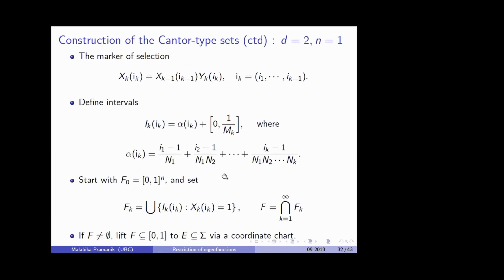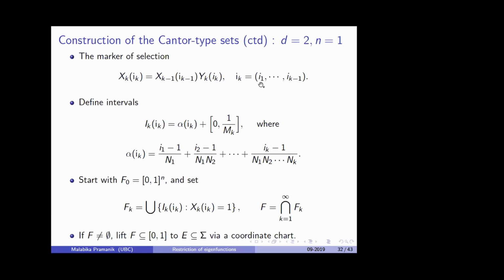Okay. So here is how we represent these random Cantor sets. For every integer k, we have a multi-index, boldface i sub k, which is of length k. Each multi-index marks a subinterval of length 1 over N1, N2, up to N k, and tells you how you can reach it.